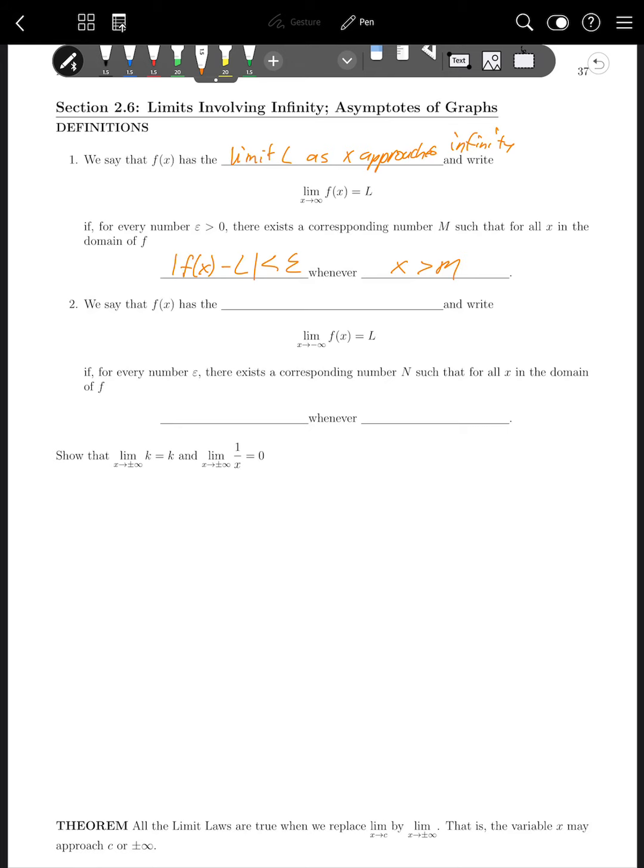Now, if we want to say a limit that goes to negative infinity, we can do the same basic idea.